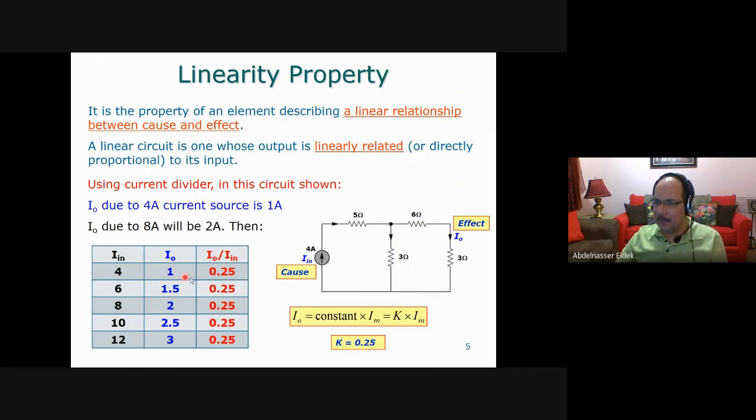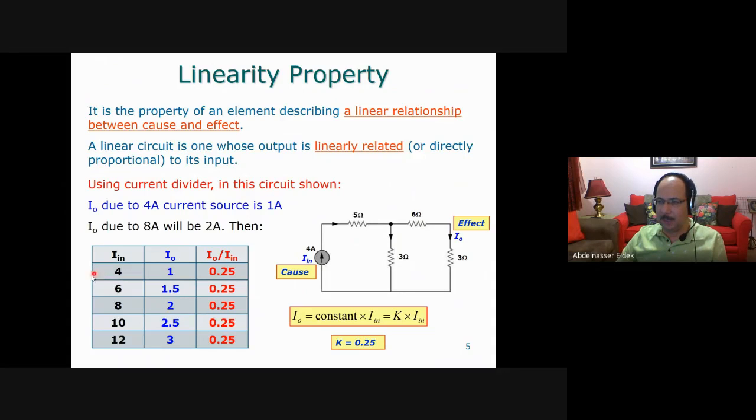So here it is, you see, from this table, if IN is multiplied by a number, you multiply IO by the same number. 4 to 6, you multiply by 1.5, so you multiply IO also by 1.5. If it is multiplied by 2, from 4 to 8, you multiply the output also by 2.